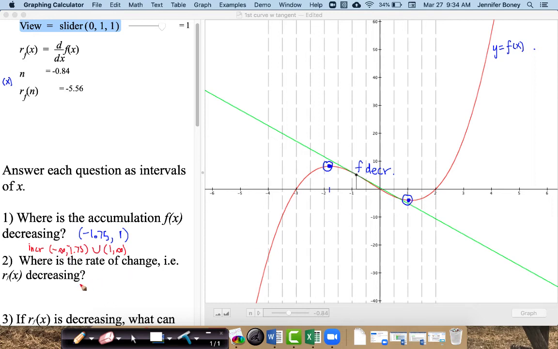Now, talking about the derivative and where the derivative is decreasing. I'm going to erase this because those points aren't going to be what's important. So thinking about this, I know that the derivative was positive, positive, positive all along here.